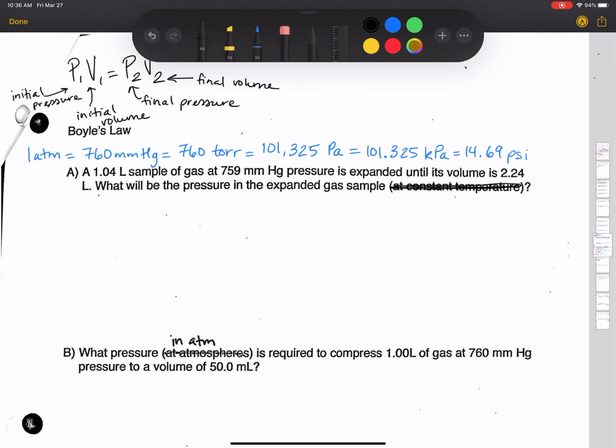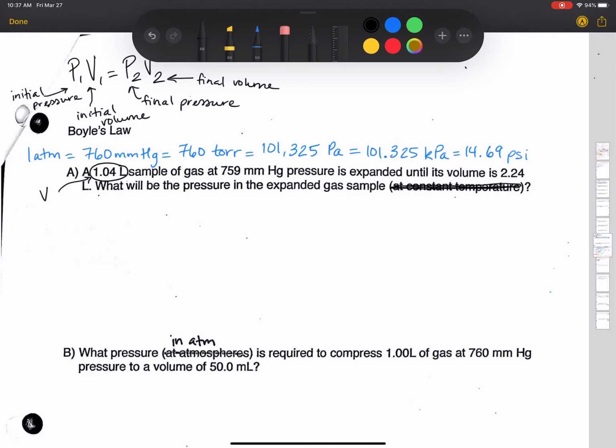And so the first thing you want to do is look at your question and identify what variables they have given you. So they've given you a 1.04 liter. You know that this is volume because volume is measured in liters, milliliters. Liters right here is your unit.